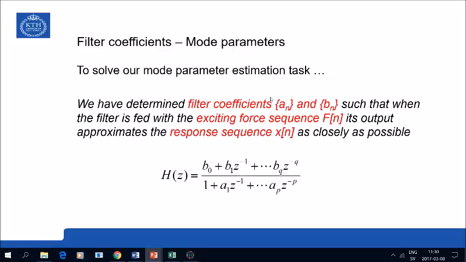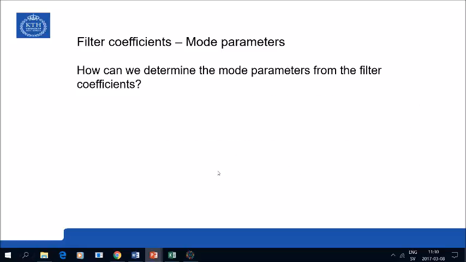So our filter coefficients An describe the denominator polynomial of the system's transfer function in the Z domain, whereas the filter coefficients Bn describe the numerator polynomial. So, how can we determine the model parameters from these filter coefficients An and Bn?